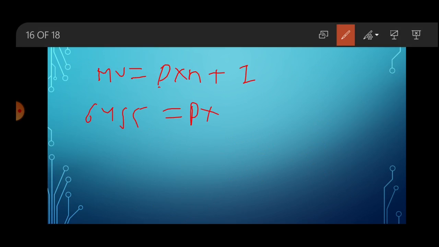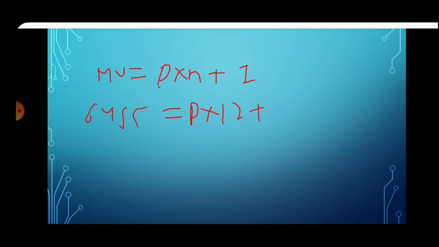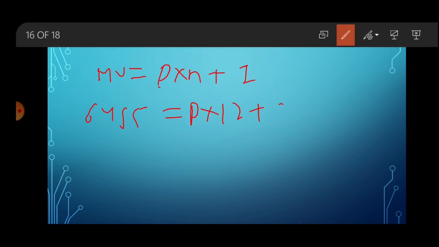The value of N is 12 because it is just for 1 year, and interest is 91 P upon 100. So what you will do is take 100 as LCM, so it will become 1200 P plus 91 P equals 6455. So you will cross multiply it.